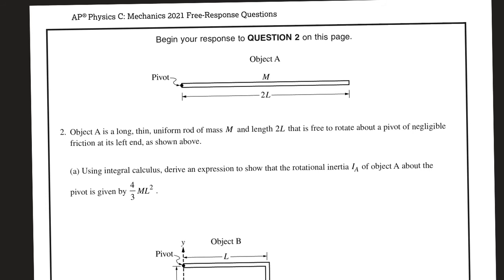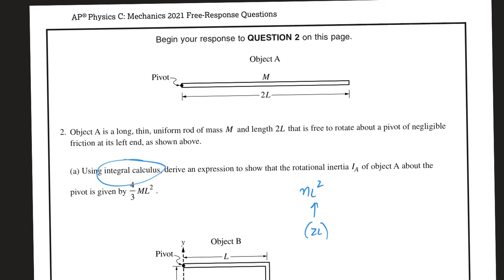Aside from that, question A, I'm putting it on there on purpose. I want you to understand they ask it pretty frequently, and last year's is no exception. I don't want to do this one because it's just a regurgitation of what's been done before. They say specifically, though, to use integral calculus. They're saying that because you could have just said, well, a bar is 1/3 ML squared about its end, so can I just substitute in 2L here?